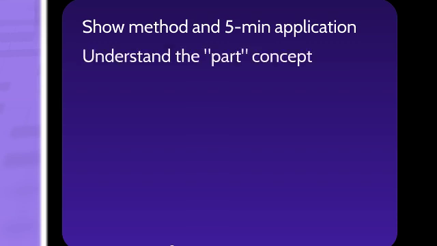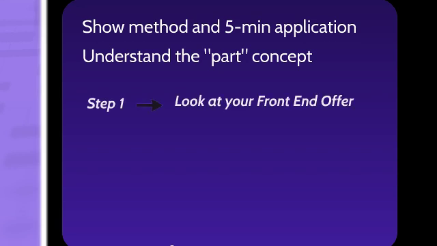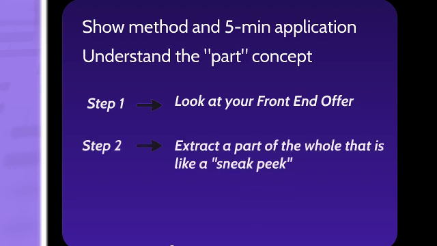All right. So once you understand the part concept, basically what you're trying to do is look at the front end offer. Look at your front end offer, product or service, software, whatever you're trying to sell. And what we want to do is take a piece or part of the whole. Kind of like a sneak peek.